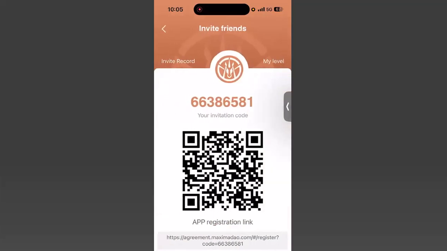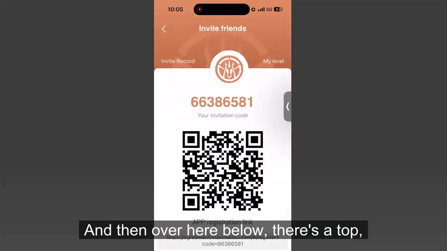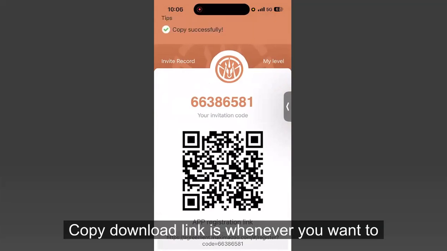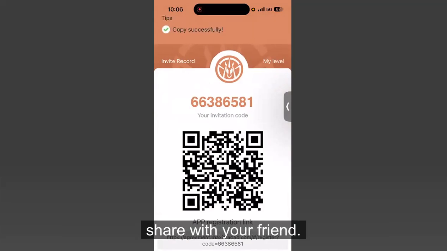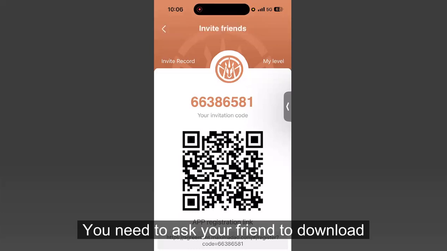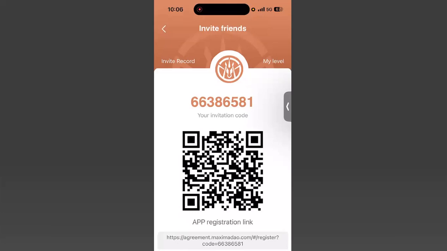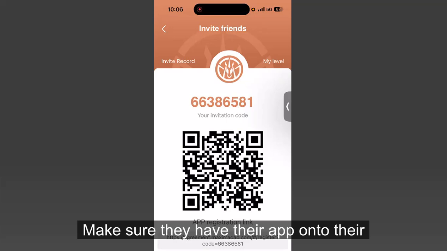Okay, cool. And then below, at the bottom left, there's Copy Download Link. Whenever you want to share with your friend, you need to ask your friend to download Maxima onto their phone first before they do the registration. Make sure they have the app on their phone.